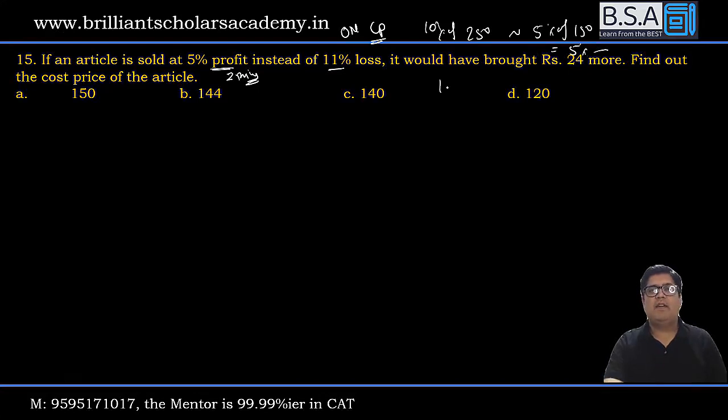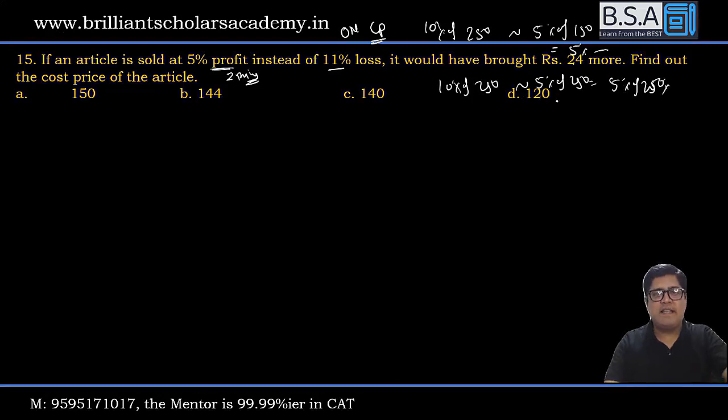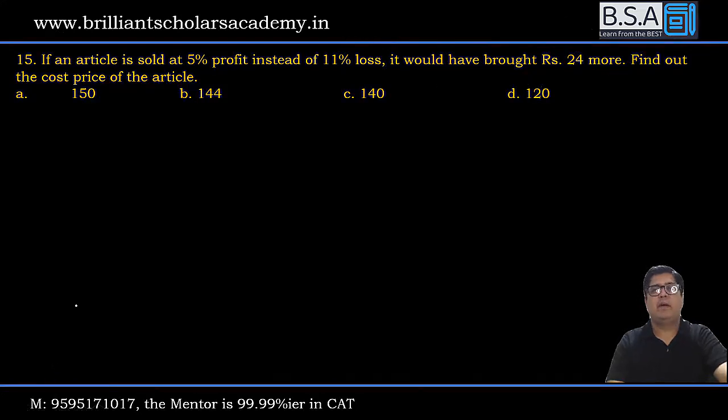But if it was 10% of 250 and 5% of again 250, I can say the difference is 5% of 250. Percentages can be added or subtracted when they are on the same base.